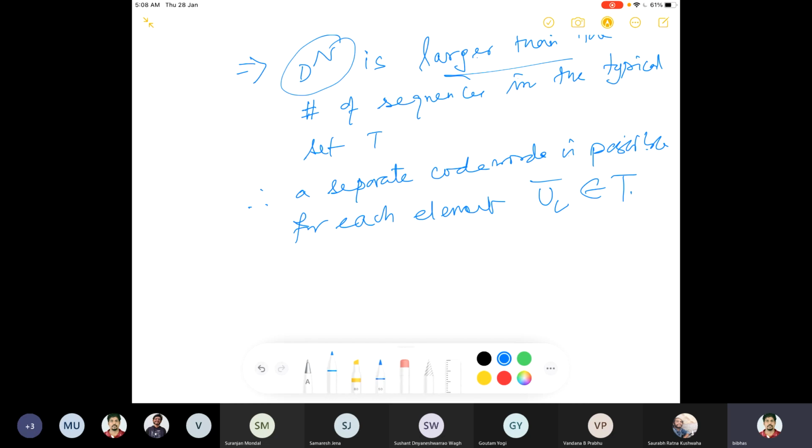Now, if this is the case, can anybody tell me what should be the probability of error? What is the meaning of probability of error?